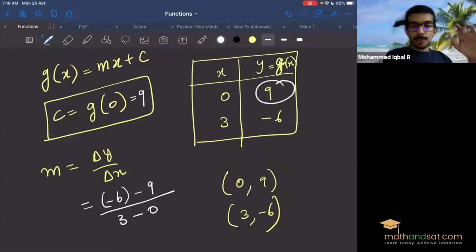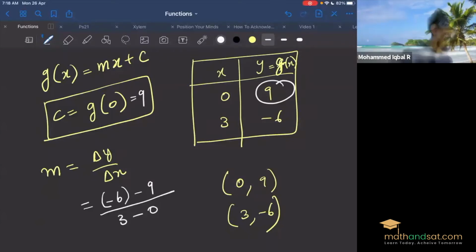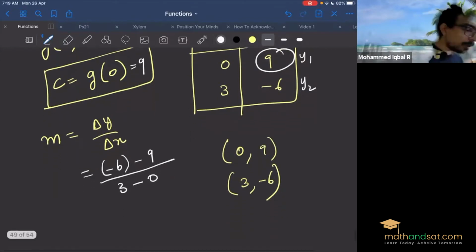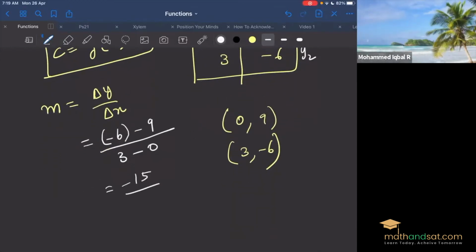If this is y1, this is y2, in the numerator we are doing y2 minus y1, so in the denominator we have to do x2 minus x1. So this will come out as minus 15 over 3, which is minus 5.